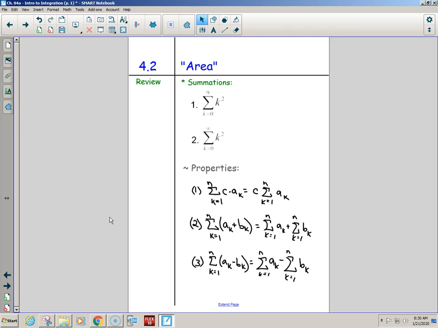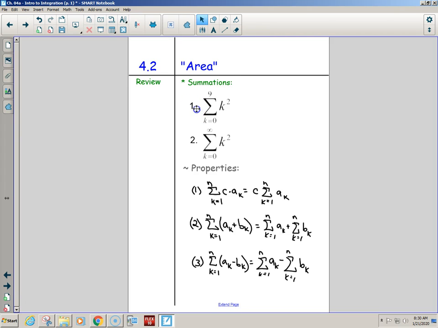Okie doke. Oh my goodness, there are sigmas on the page. Which, to be honest, in Calc AB are barely necessary for you to totally understand.